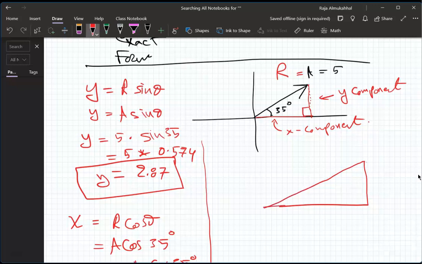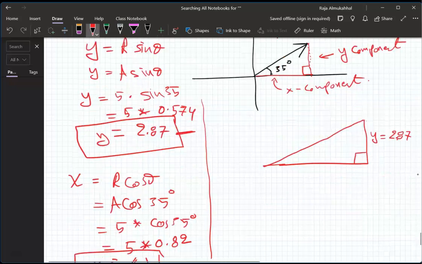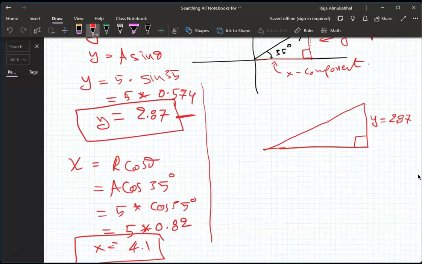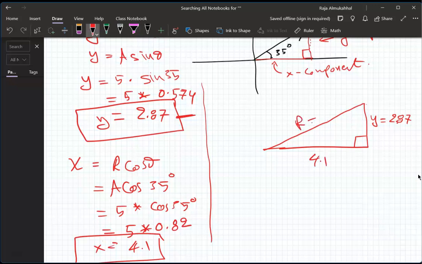There we go, that's good enough. So here is the angle. Of course, y here is equal to 2.87, and then we have x equal to 4.1, and r or A is equal to 5.